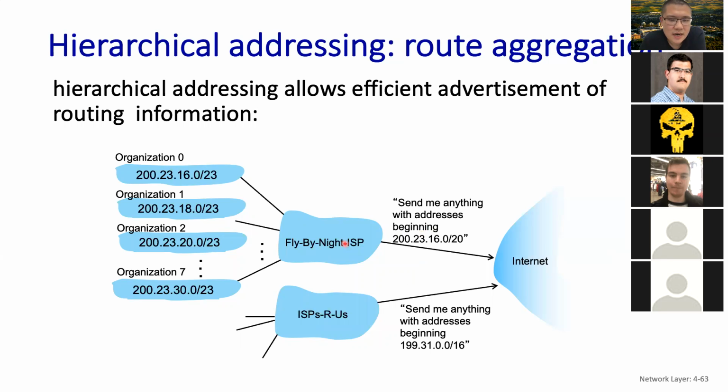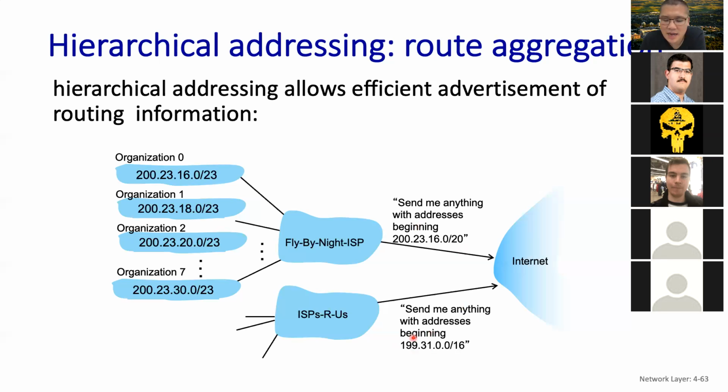The ISP providers can let the internet know: send me anything with an address beginning like this. Another ISP may say: send me any message beginning like this. This is managed by the ISP, the internet service provider.